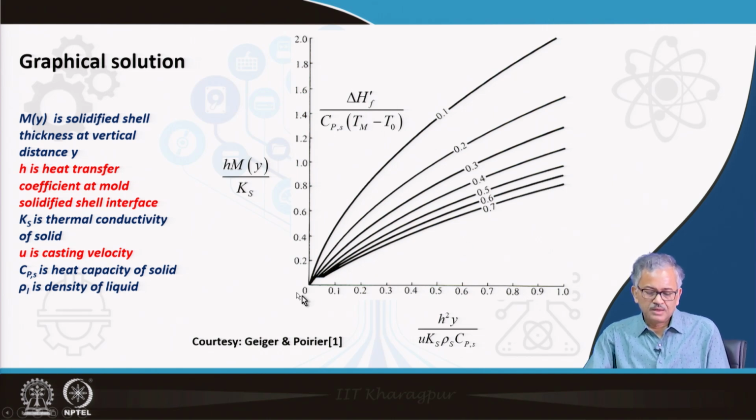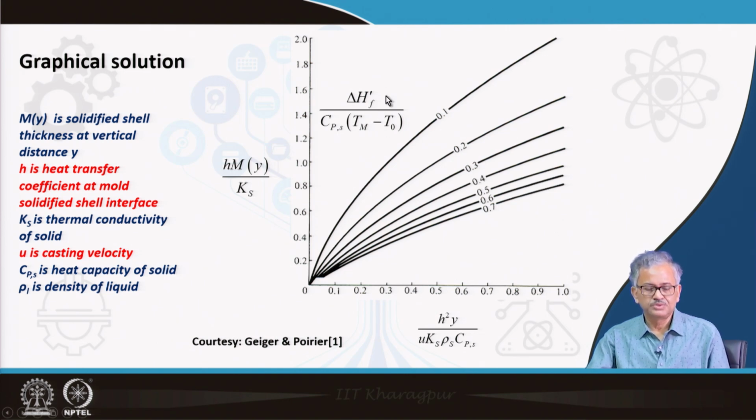Now, if I ask you to calculate the solidified shell thickness at a distance y, you know the value of y. All other parameters are known to you, so you can calculate the dimensionless y. Suppose it is 0.4, you move up, and then you see what this value is. You can calculate this value depending on the material.